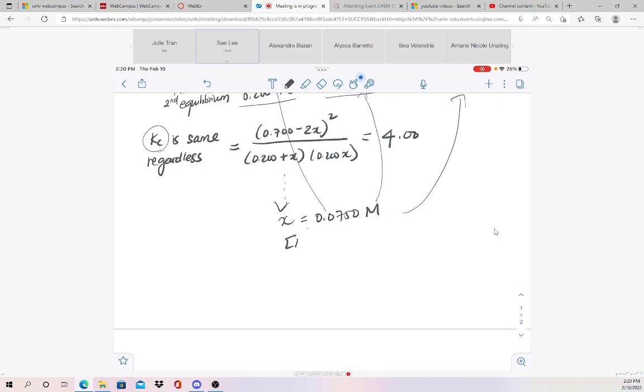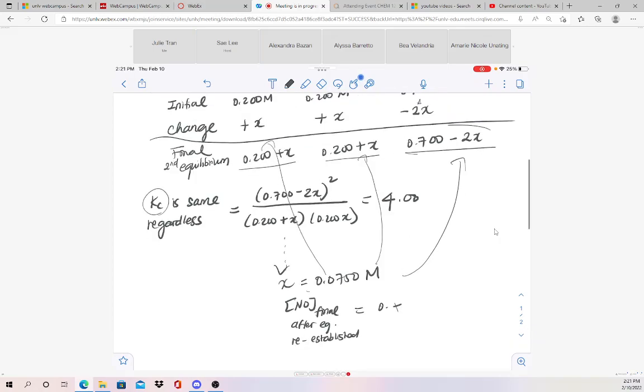Let's say you want to find the final nitrogen oxide concentration after equilibrium is re-established. Then you take 0.700 minus 2x, which is 0.700 minus 2 times 0.0750.